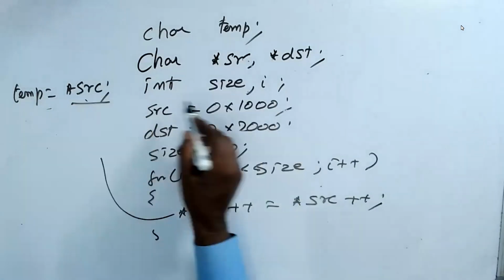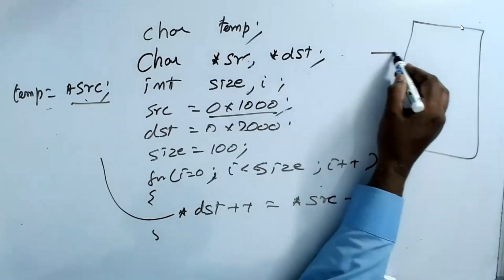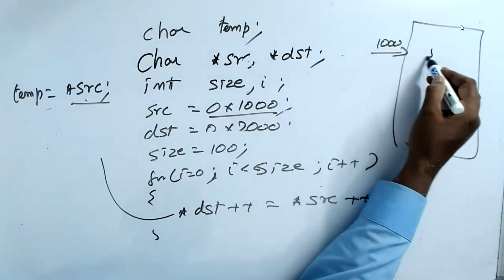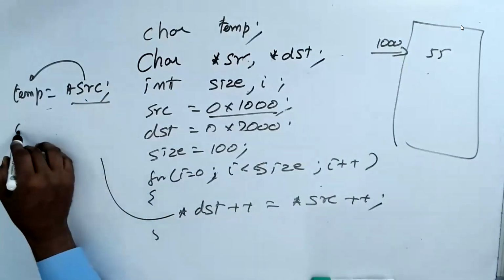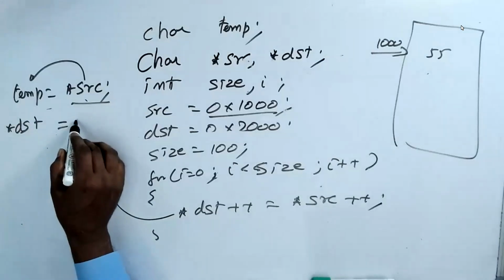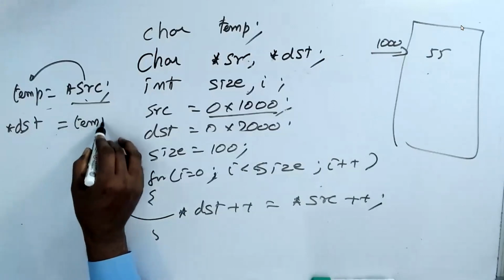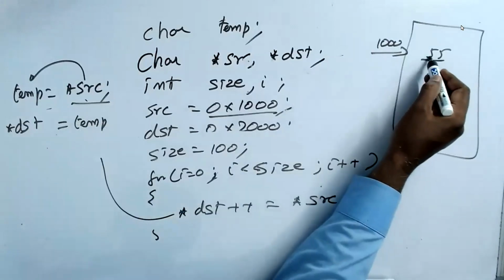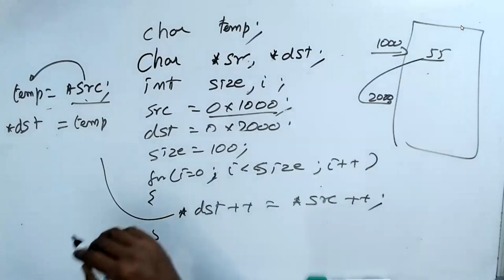Source is what? 1000. So you are reading from 1000. The 55 comes to temp. Then you say *destination equal to temp. That is, you are writing the 55 to 2000, because destination is 2000.